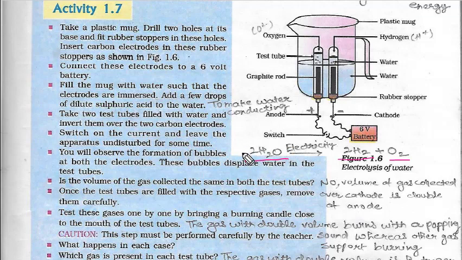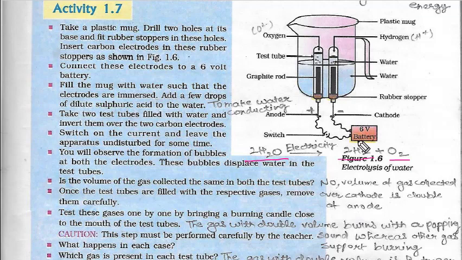As you can see from the reaction, two molecules of water will be broken, and they will form two molecules of hydrogen and one molecule of oxygen. So the amount of hydrogen gas formed will be double compared to the oxygen, because here it is 2 and here it is 1.